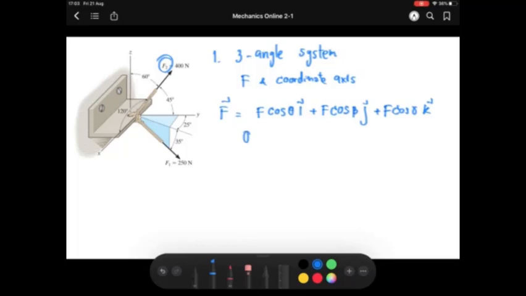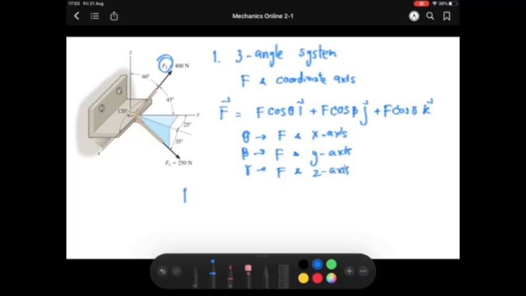Don't forget that theta should be the angle between F and the x-axis, beta the angle between F and the y-axis, and gamma the angle between F and the z-axis.